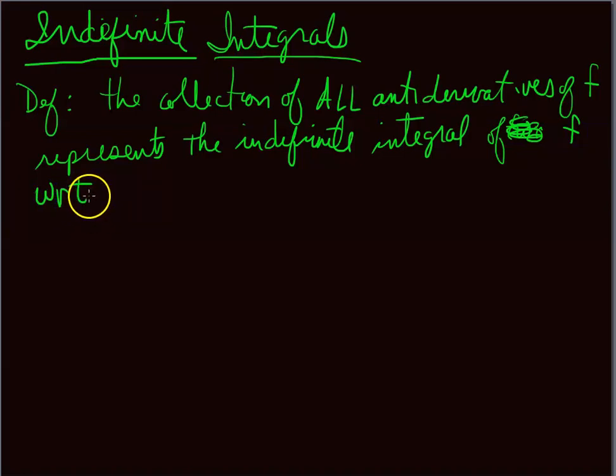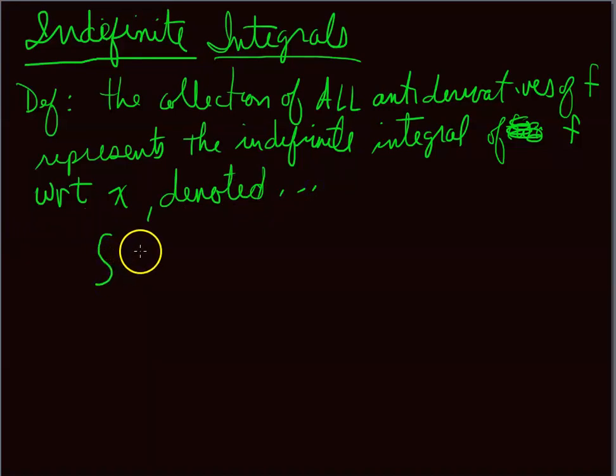With respect to, so it's the indefinite integral of f with respect to x, denoted, when you see this squirrely thing, f of x dx. So that little squiggly thing is the integral sign.